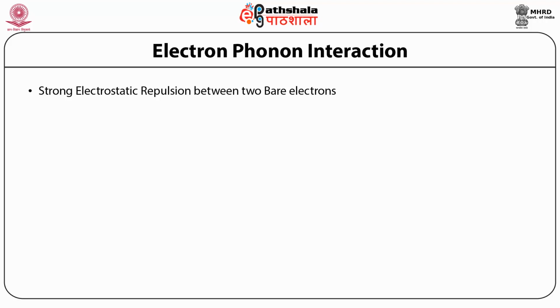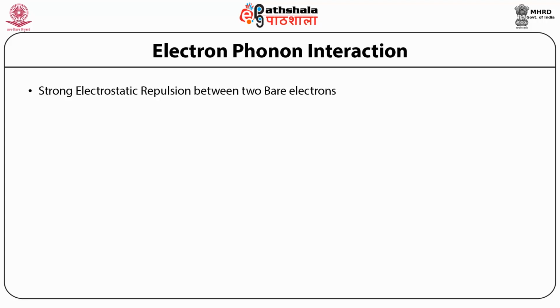So remember that in describing the superconducting state, the BCS theory plays a very important role, it was the first theory, and this theory's basis is electron-phonon interaction. So let us try to understand what exactly this concept is.